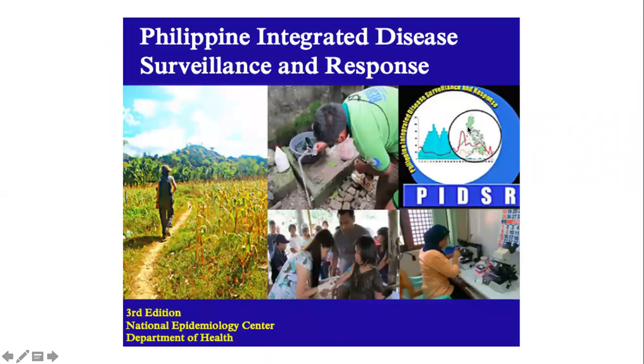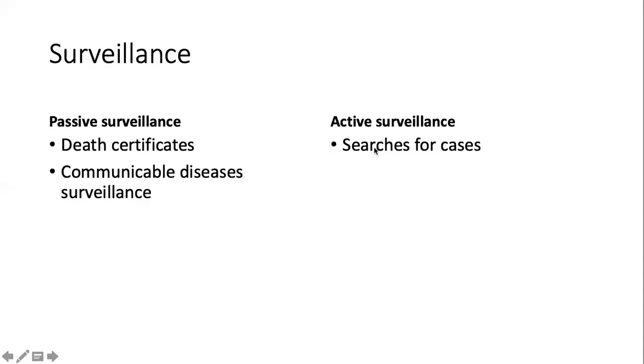So an example is the Philippine Integrated Disease Surveillance and Response. So this is a nationwide network of surveillance in the country that help our DOH to plan our healthcare programs. So surveillance studies can either be passive surveillance studies or active surveillance studies.